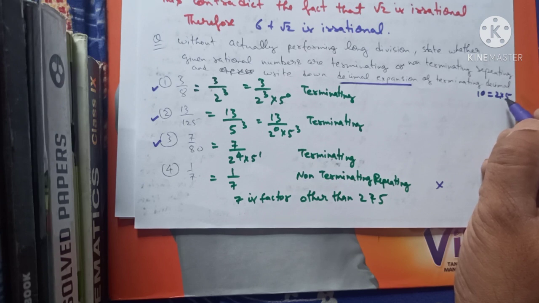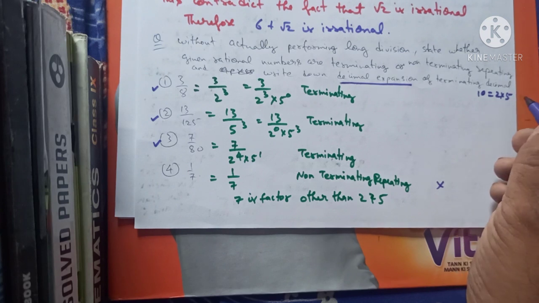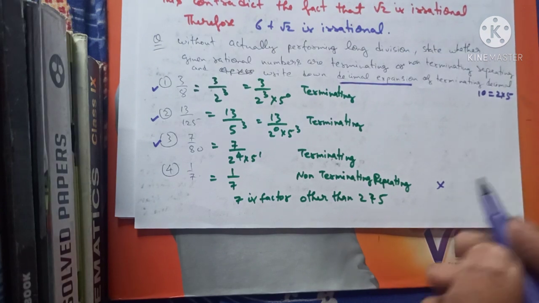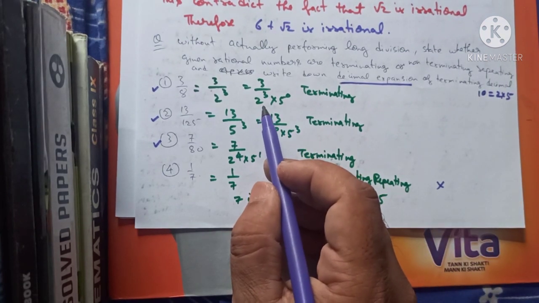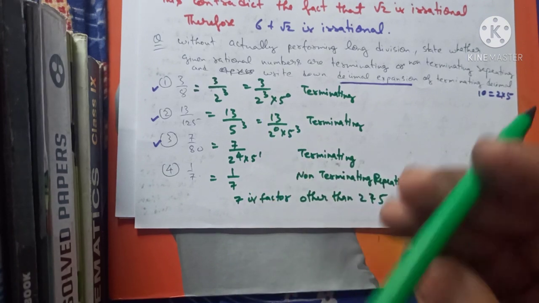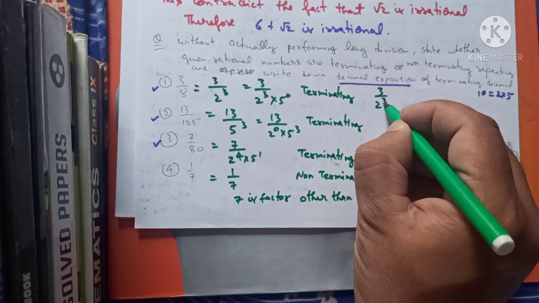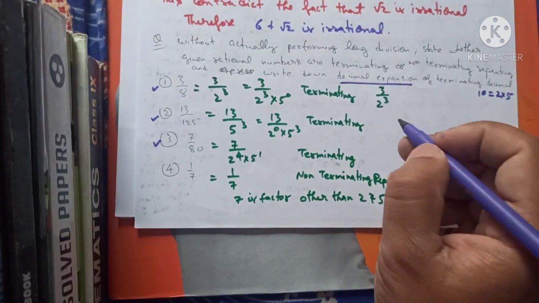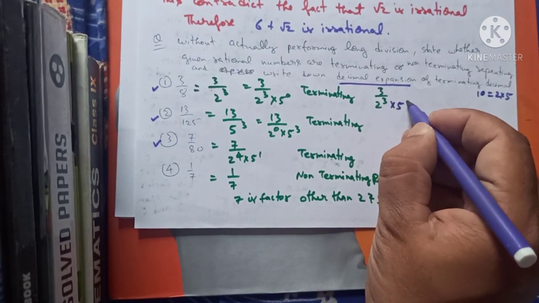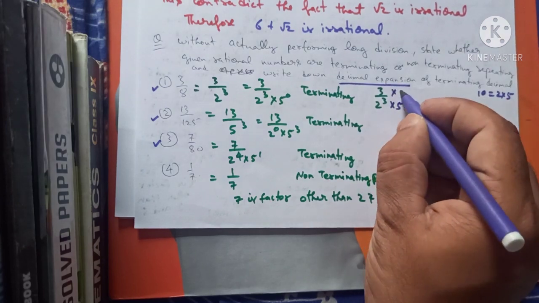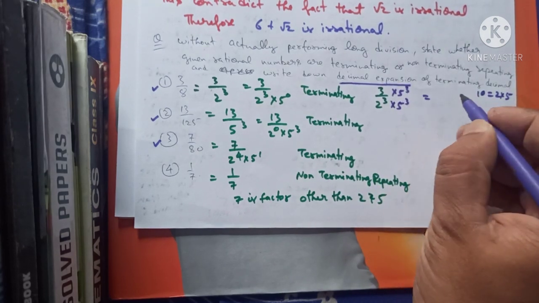If we are having two pairs of 2 and 5 as factors, it can be replaced by 100, and so on. So if we already have 2 power 3 here, 3 upon 2 power 3, we multiply it by 5 power 3 in the numerator and denominator.